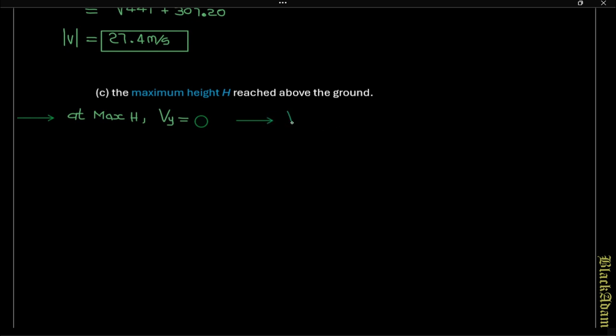So when it reaches the maximum height, the vertical speed becomes 0, but the horizontal speed keeps moving. So let's use the equation: final speed squared is equal to the initial speed times sine, squared, minus 2g, the difference of the height, final minus initial.